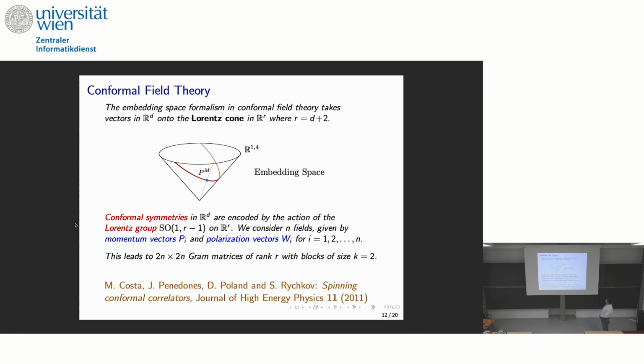And anyway, in conformal field theory there's something called the embedding space formalism. The embedding space formalism takes vectors in a d-dimensional space and puts them into a d plus 2-dimensional space, which I call R. And in this larger space, we take the boundary of the Lorentz cone.